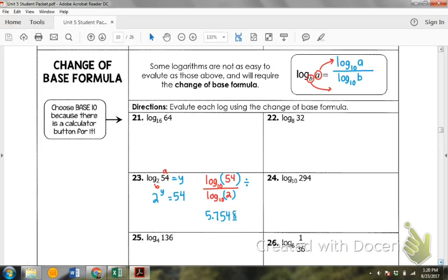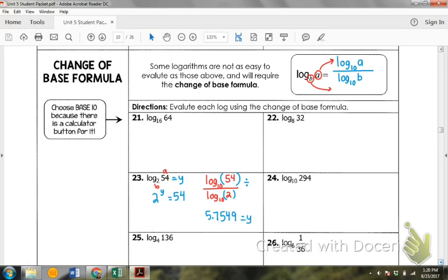What's the next number after 8? Another 8. So is this 8 big enough to change this? We've got to talk about rounding here. Yeah, it is, right? So this should be 5.7549 because we are rounding to 4 decimal places. So this is what our y value is.